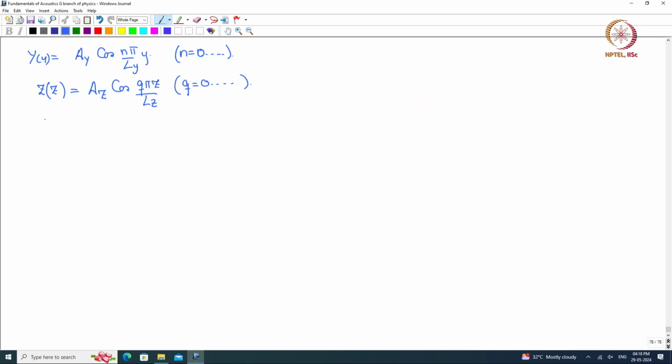Okay, so kx's are a set of numbers, so kxm's, right, those are m pi by Lx, then kyn's, they are n pi by Ly, and we have kzq's, which are q pi by Lz.